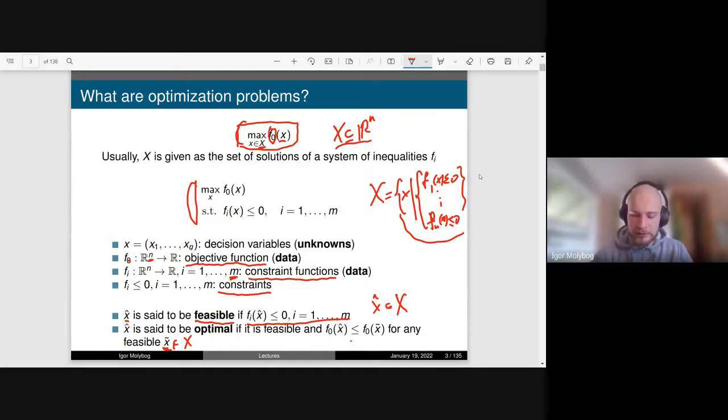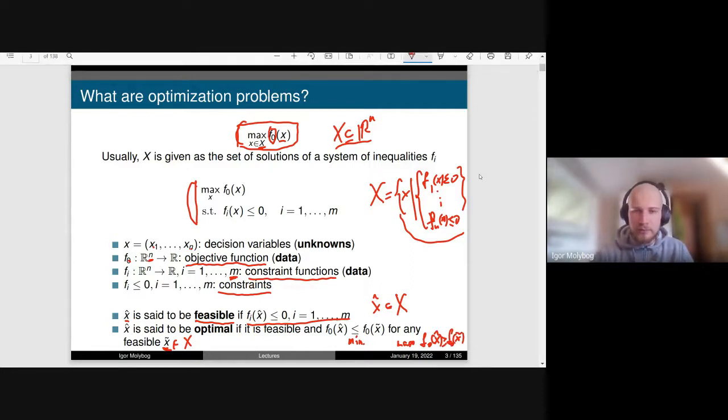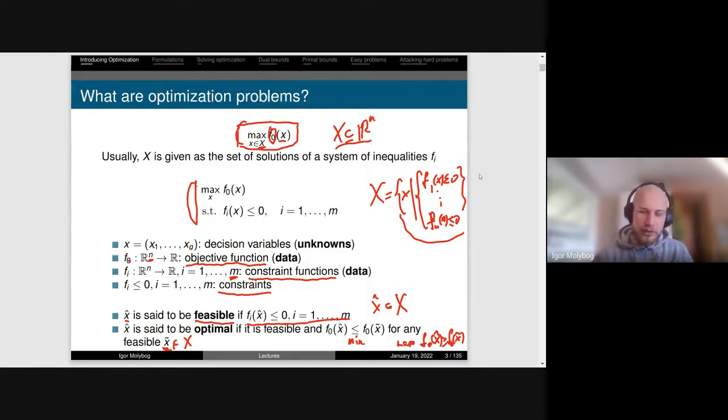So less than or equal is viable for a minimization problem. If we're talking about a maximization problem, then f0 of x hat must be greater than or equal to f0 of x tilde for any x tilde. This is the general understanding of optimization problems.